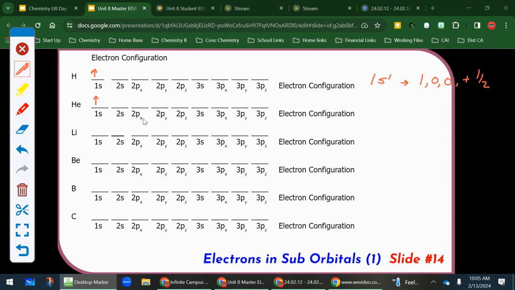No. Too high energy. No, there is no 1p. It goes into the 1s. Why? How many electrons will it hold? 2. What would be the configuration? 1s2. Which is a lot better than having to write this.